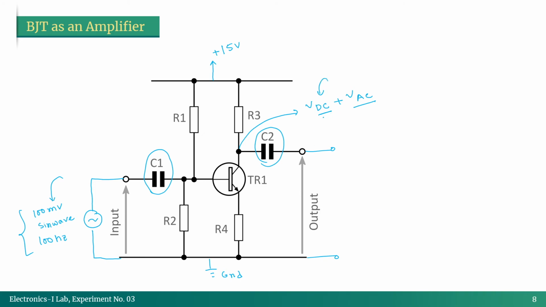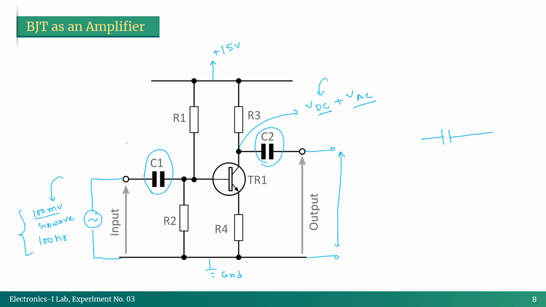So the total value is available here, but this coupling capacitor will only pass the AC values, because a capacitor acts as an open circuit to DC voltages. That's why no DC voltages will be seen at the output here. Only AC signals, that means the amplification of 100 millivolt will be seen at the output.